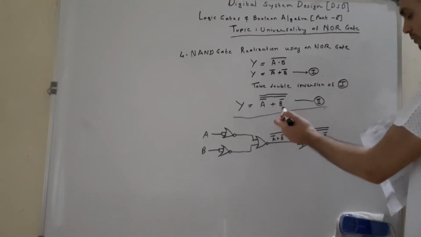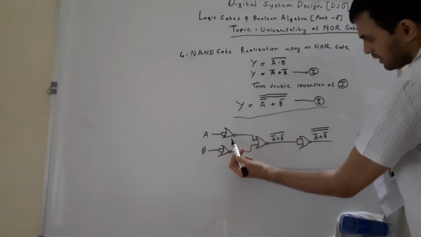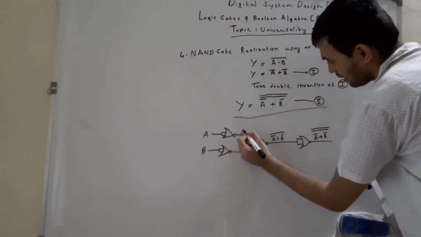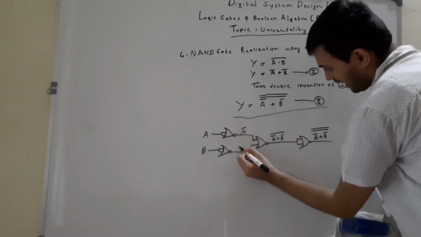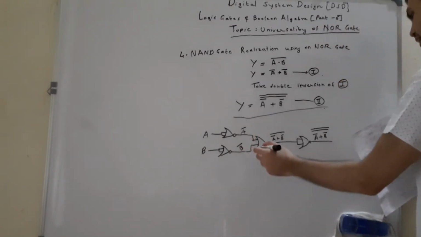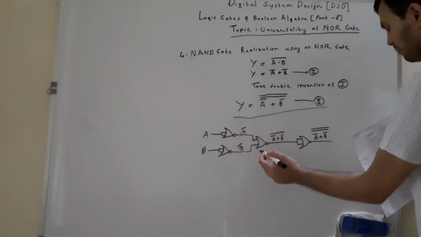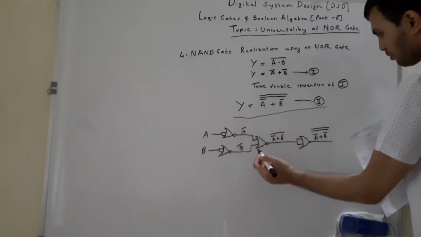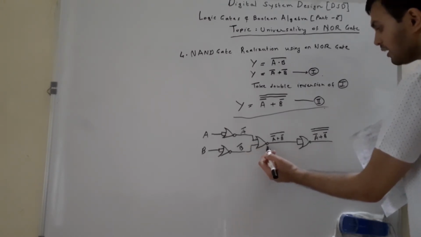So this is the equation we have got. As usual, connecting A and B in NOT gate configuration, we have A bar and B bar, which we again apply to a NOR gate IC.